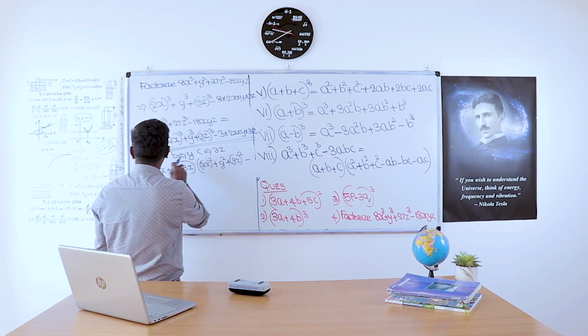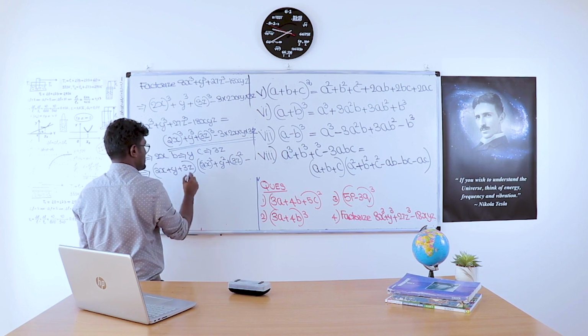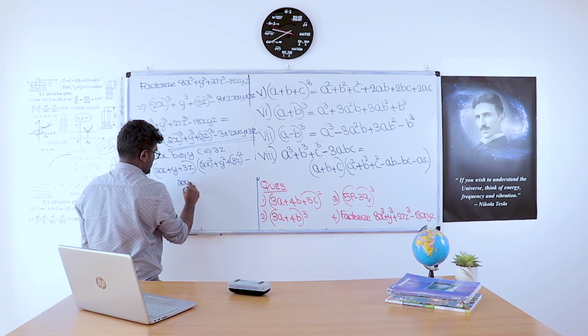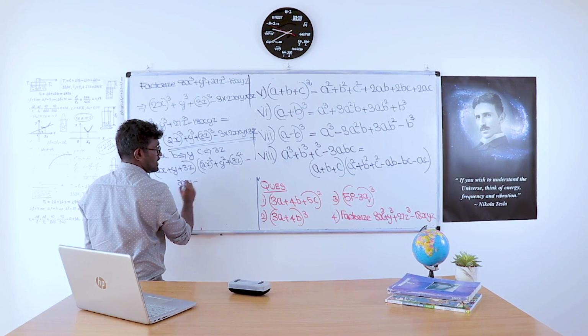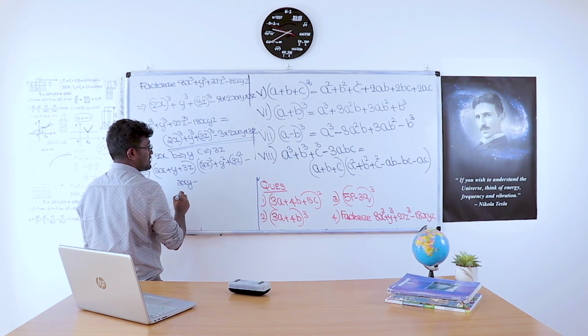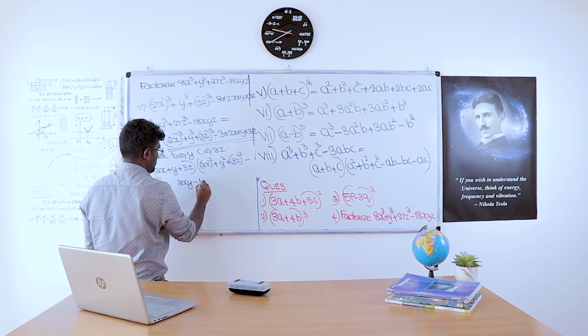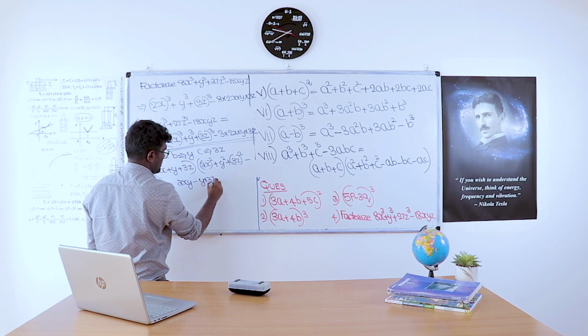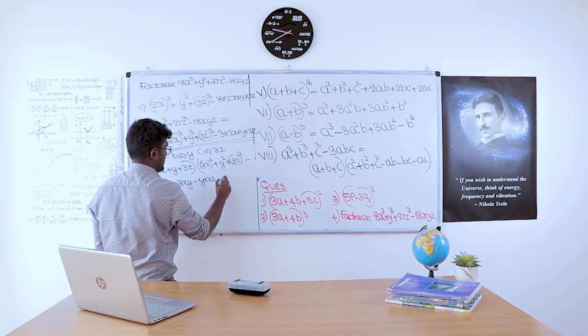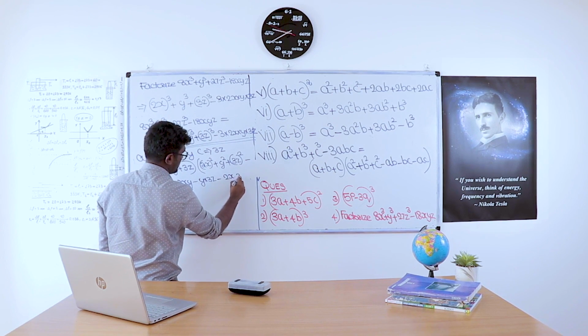Ab is 2x into y, 2xy, minus bc, y into 3z, minus ac, 2x into 3z.